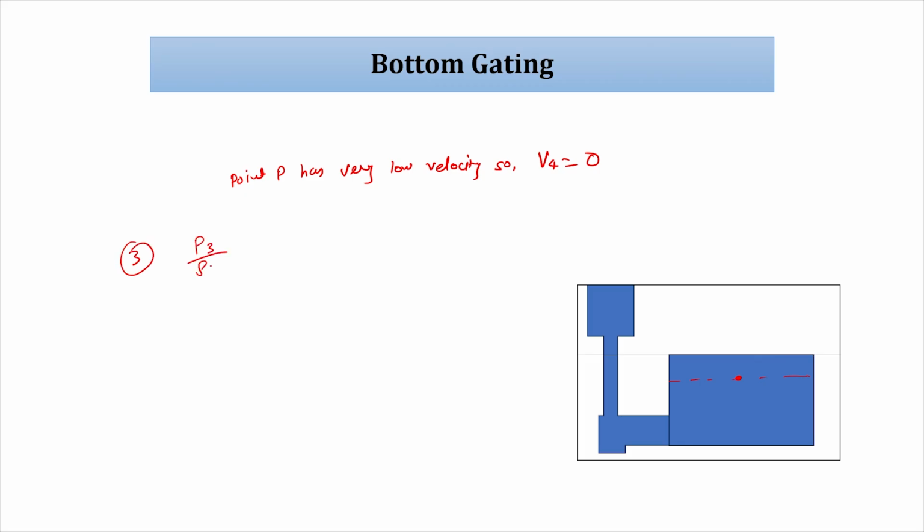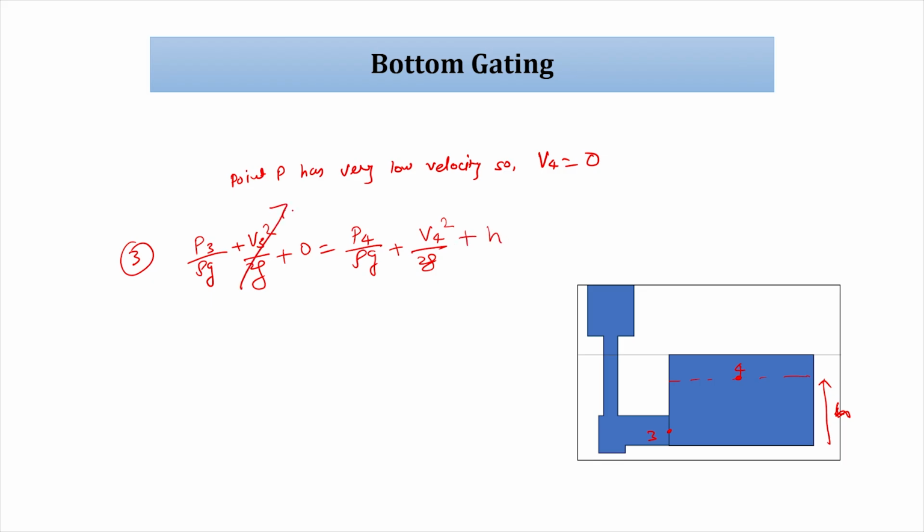P3 by rho g plus V3 square by 2g, between 3 and 4, plus 0 equal to P4 by rho g plus V4 square by 2g plus h.